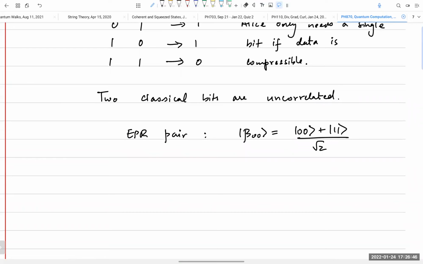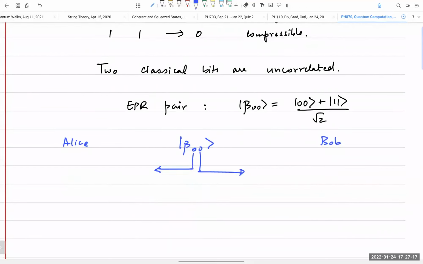And what we want to do is take one of these qubits and give it to Alice, and the other goes to Bob. So let's say the first qubit, the first half of that EPR pair, goes to Alice, and the second half goes to Bob.